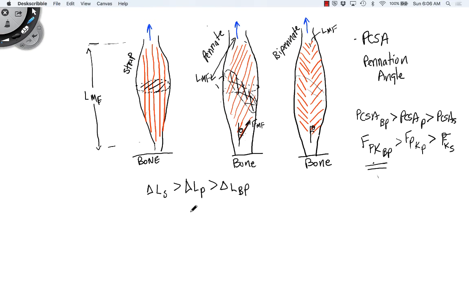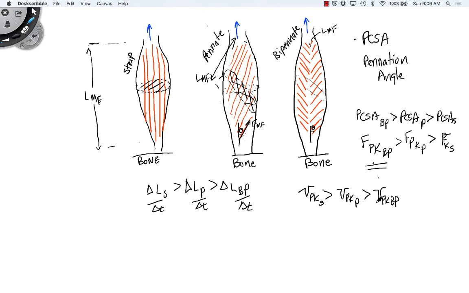And so if we think about this in terms of time, and we have the same interval in time, we divide this by time, right? We could also make the case that the peak contraction velocity is greater for a strap versus a pennate versus a bipinnate muscle.